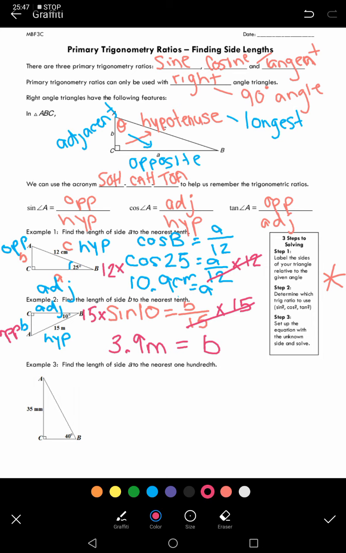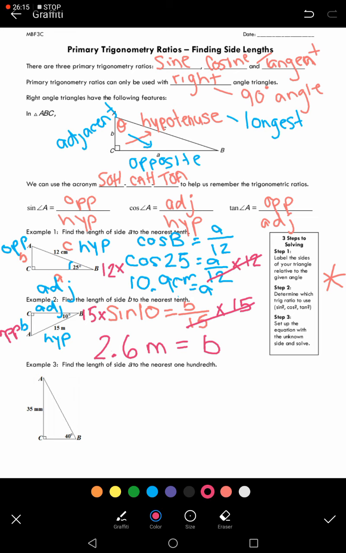Oh, see, I made a calculation error somewhere. Hopefully you got the right answer on your calculator, because you should be following along as we go here. I must have made a calculation error. Always best to double check your work to make sure you don't make those errors. And now I'm seeing that my answer should be 2.6 meters.